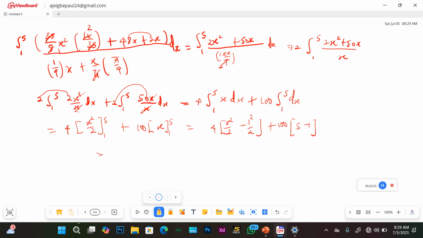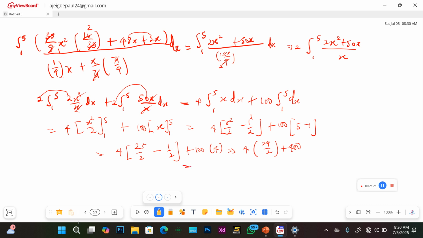So this will be equal to 4 into bracket 25 over 2 minus 1 over 2, plus 100 into bracket 4. So 25 over 2 minus 1 over 2 will give us 24 over 2. So we have 4 into bracket 24 over 2 plus 400, because 100 times 4 will give us 400.